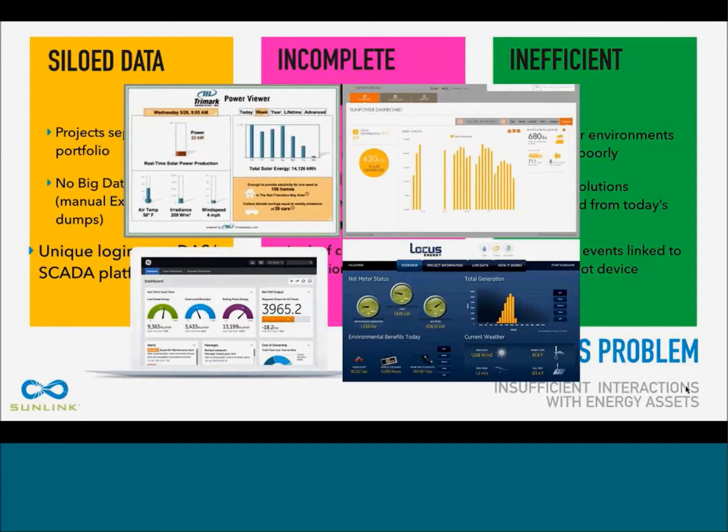Is it because the irradiance is lower than what we had put into our initial model, in which case I would like to see a dynamic model updating based on real irradiance? Or is it because of something like we were seeing on the ASU project where the tracker was stuck and having a remote capability to reset it brought us back to a more optimized energy output? So that kind of context on what's happening, why is it happening, and what can I do to improve what's happening is missing in the analytics that we have available to us today.